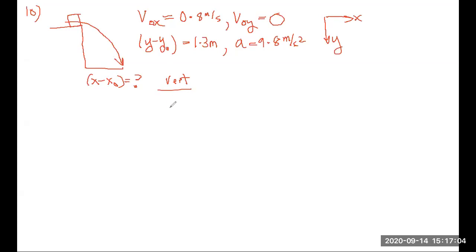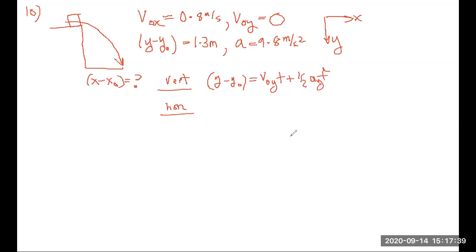And once I knew the time, I went on to look at the horizontal motion and find out the distance that it traveled horizontally. So it's 2 stages in that respect. Now, for the vertical motion, I considered the following equation of motion, that the displacement for a trip is equal to v naught y t plus 1/2 a y t squared.